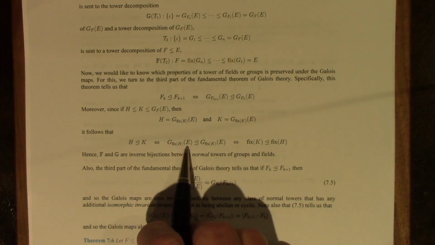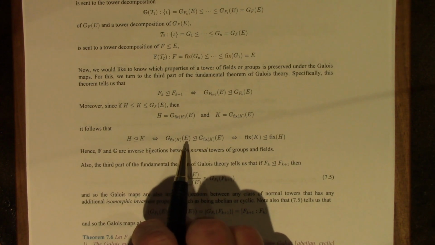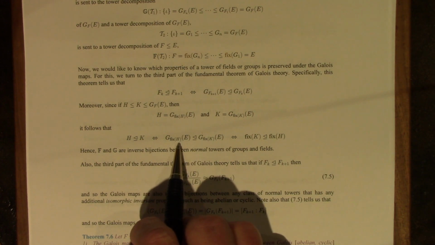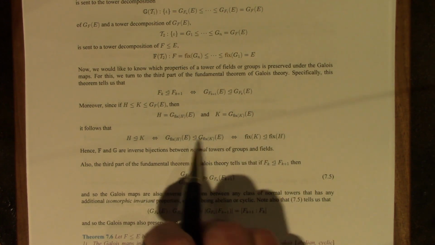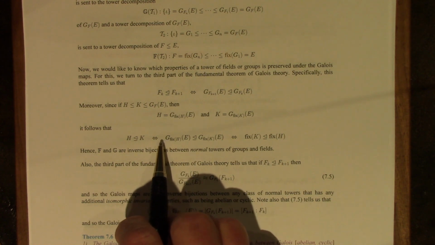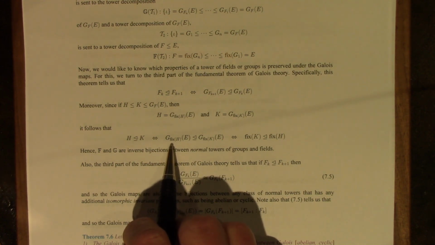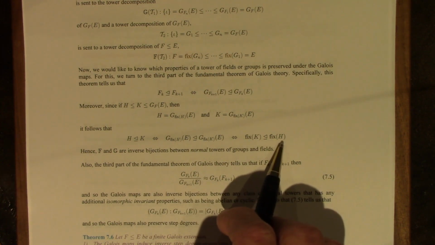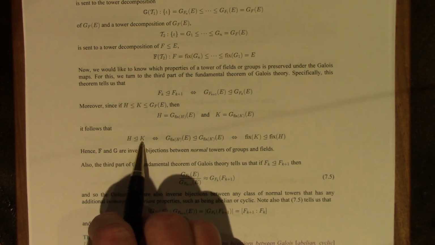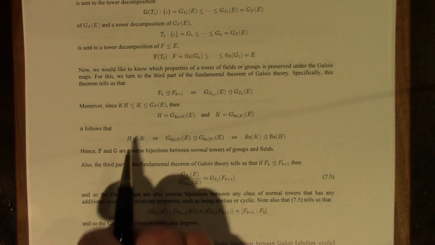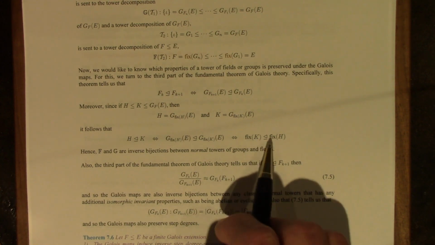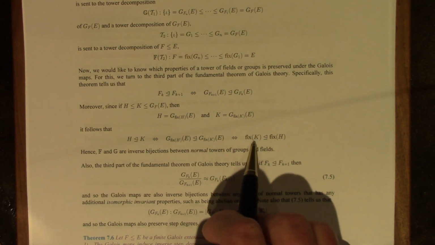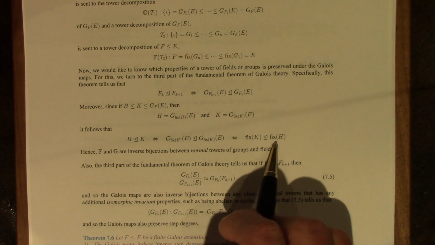And now we can apply the fixed field map, and so the fixed field of the Galois group of the fixed field is the fixed field. Okay, and the order gets reversed. So the subgroups H and K, H is normal in K if and only if the fixed field of K is normal, or I should say it this way, if and only if this extension is normal, this field extension.